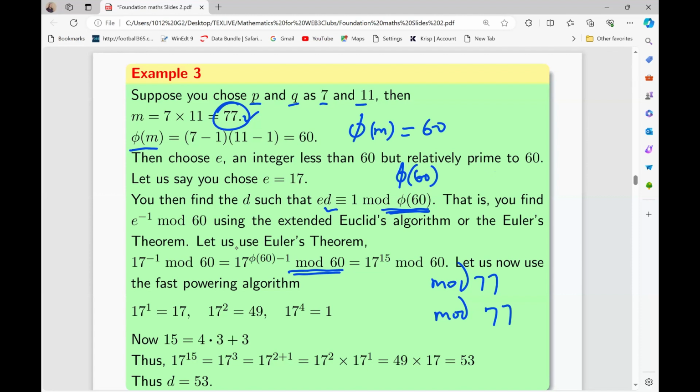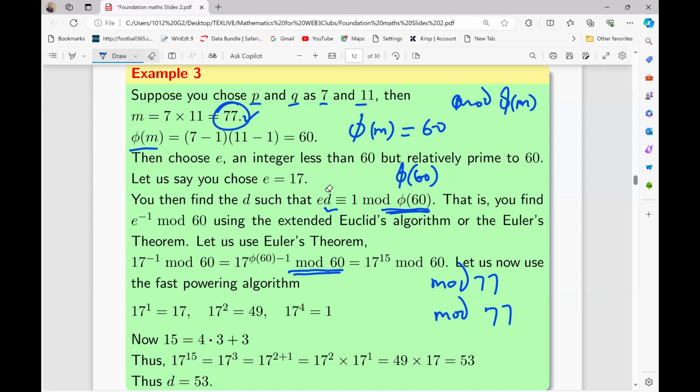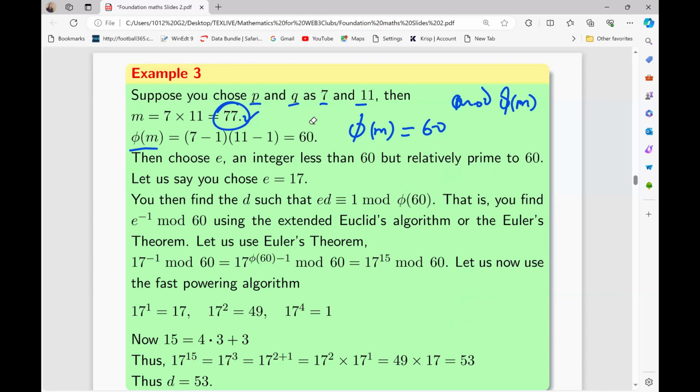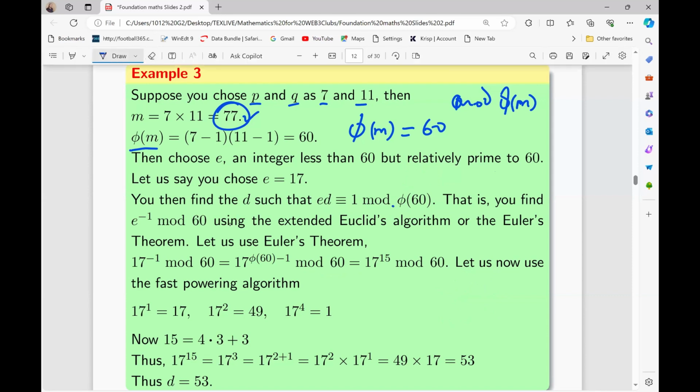Actually, it's supposed to be phi of M, not phi of 60, which then gives you 60. So this one is not correct here. This part is supposed to be phi of M, which gives you 60.